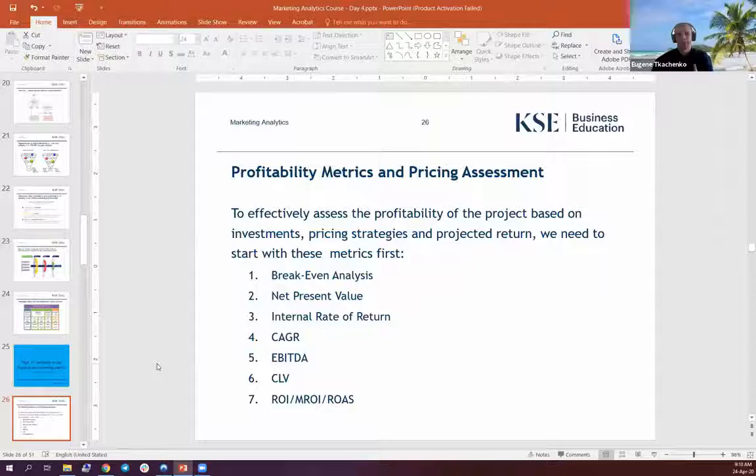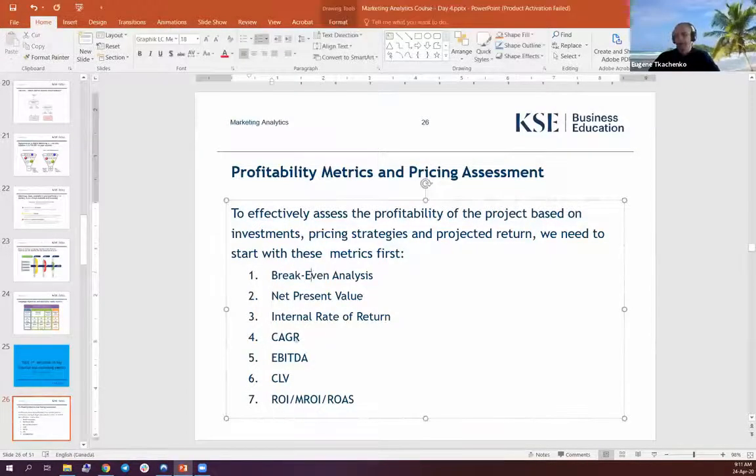The reason I decided to include it is that we have different groups of students, different backgrounds, and different exposure to these numbers. So I just want to make sure that we talk about those and you get an initial understanding of why, for example, break-even analysis is different from EBITDA, when we need to use CAGR, and what the difference is between net present value and internal rate of return.